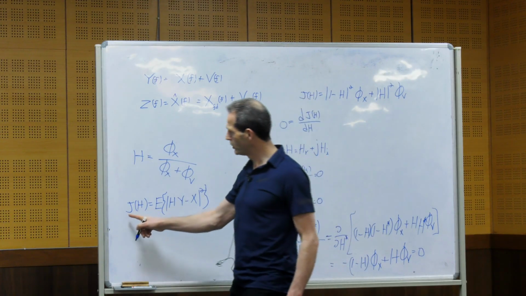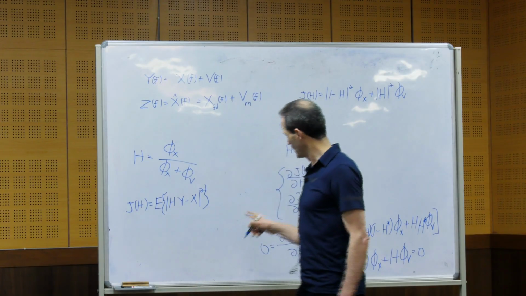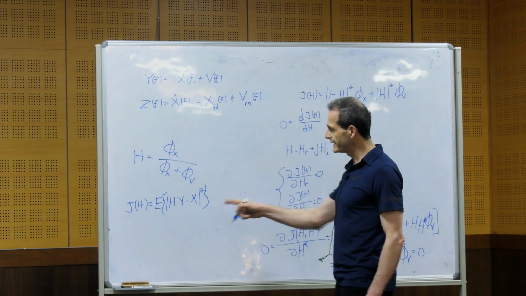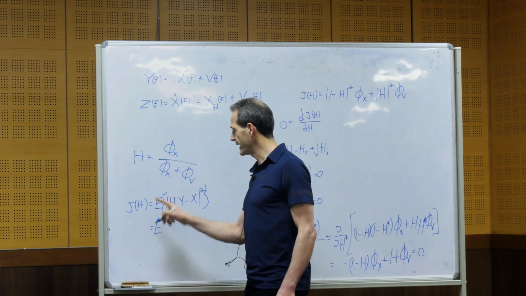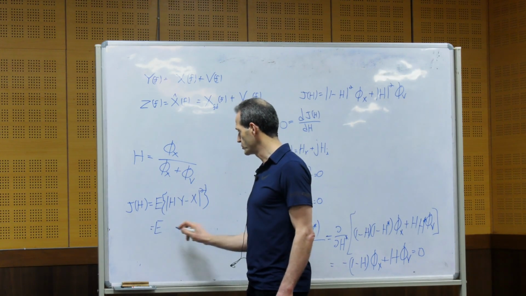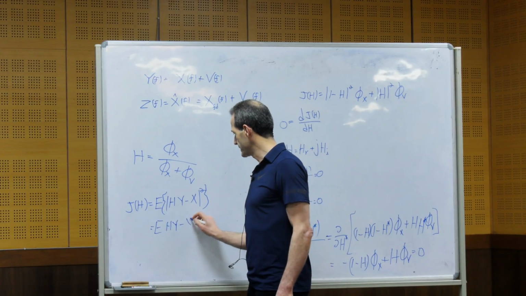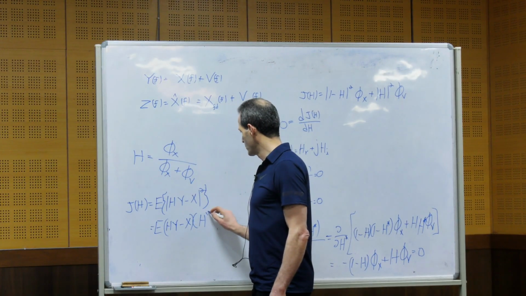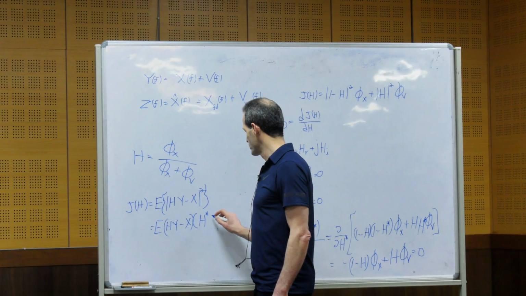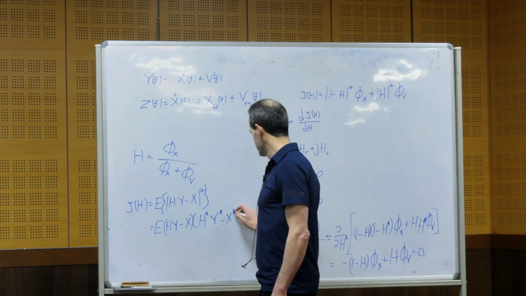Now, if we want to find the derivative of this with respect to h, we need to write it separately as h and h complex conjugate, which is (hY minus X) multiplied with the complex conjugate of (hY minus X).